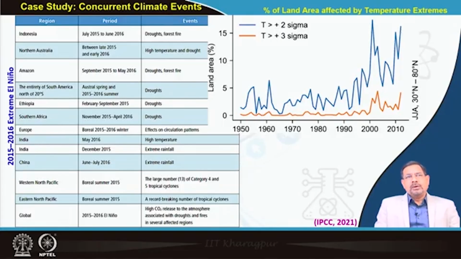So, accordingly you can understand how different regions have been affected by the extreme event of the 2015-16 El Nino, and how much percentage of land area could be affected by the temperature rise with respect to plus 2 or 3 sigma between the mid to high latitudes of the northern hemisphere.